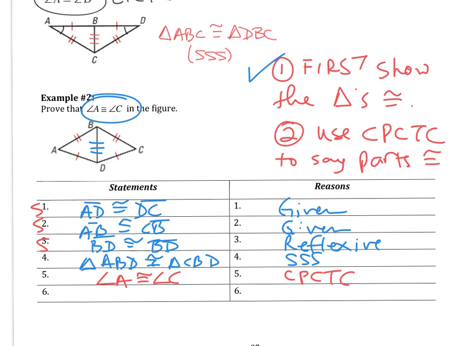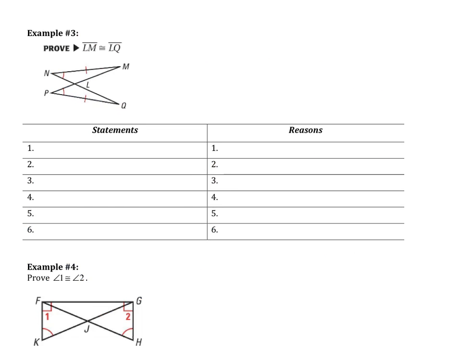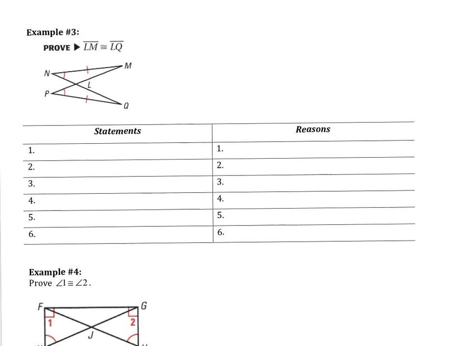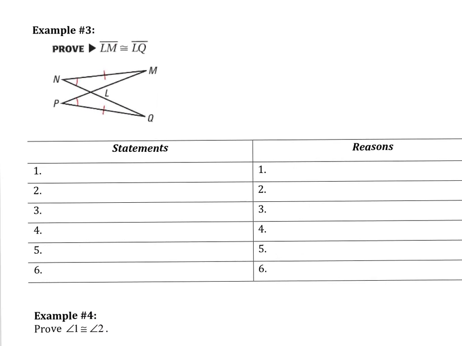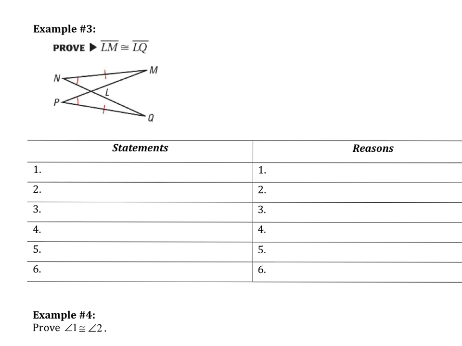Questions? So you've got this example here, okay? If you can do it with your tables, again, don't mark LM congruent to LQ. I don't want you to use that as part of your reason. If you do a good job with this, we're done with the notes today, and you can go cheer on the Cubbies after you get the homework done in class, okay?